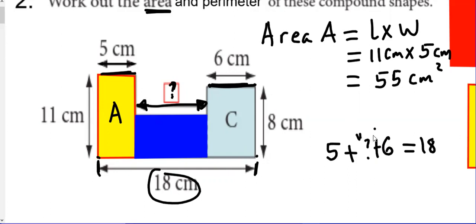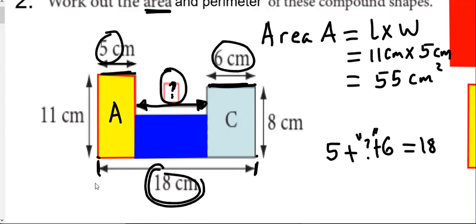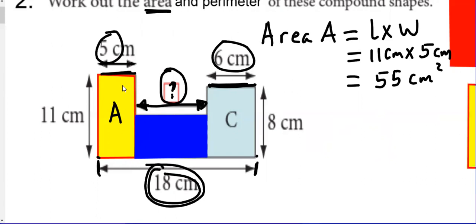What is the unknown number? Can you pause this video and try to figure out which number, 5 plus that number plus 6, will give you 18? Let me show you how we figure out that number. This is 5, so I'm going to write 5 plus something I don't know, which is x, plus this part, which is 6.